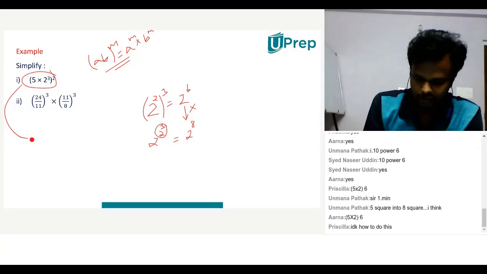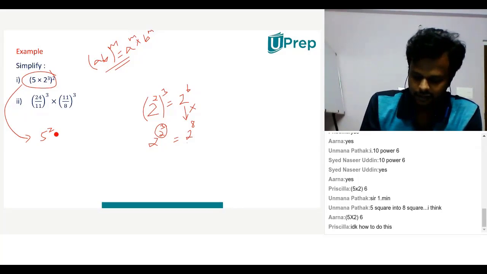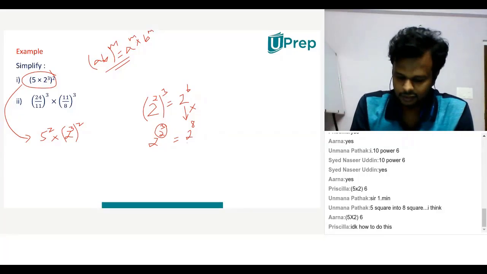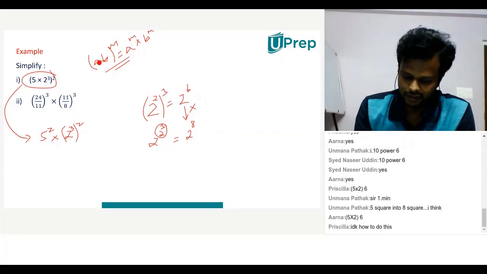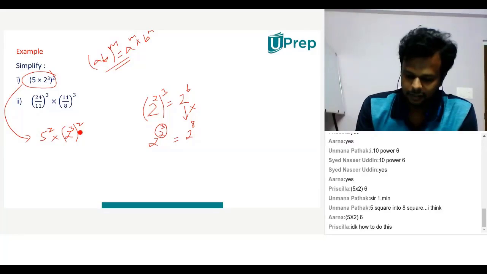So children, observe me here. This becomes 5 square into (2 cube) square. So this is how we write, right? (ab) whole power m is a power m into b power m. Here my a is 5 and b is 2 cube.